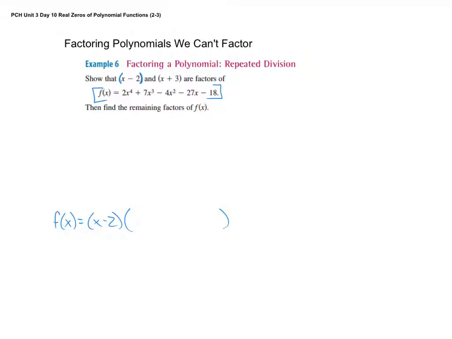Well, factoring is just the opposite of multiplying, right? So I'm taking apart a multiplication problem, which is the division. So I'm going to do this division with synthetic division.